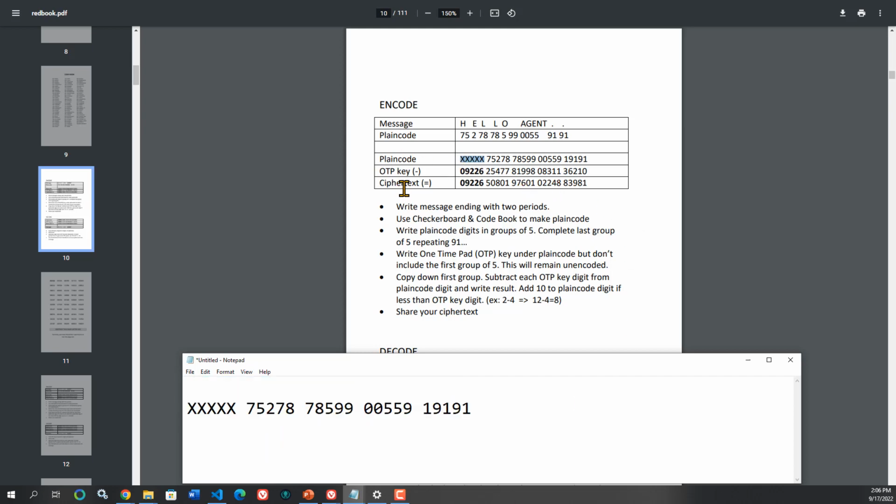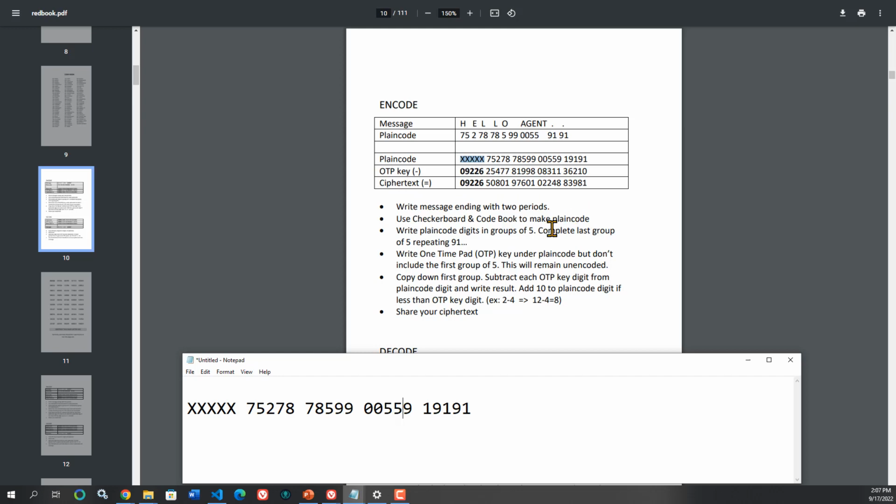And notice these last 3 lines are set up like a math problem, so these digits line up. You take the plaincode, you take the one-time pad, and you subtract the one-time pad from the plaincode to come up with a digit. So think about all of these as individual math problems, column by column. And that's how we come up with the ciphertext.